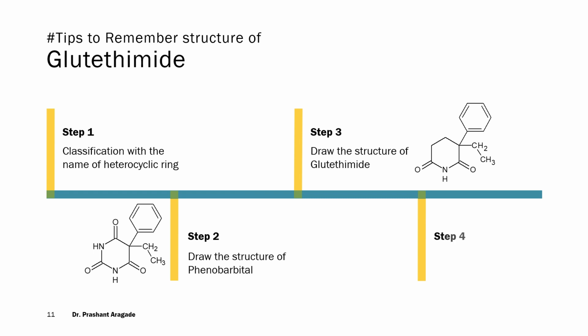And the last step is very simple, just observe both structures and try to point out the difference between the two structures. What is the actual difference between the two structures? If you know it, you will remember it for a longer duration of time. So this is how you can remember the structure of phenobarbital as well as glutathione, which are examples of sedatives and hypnotics.